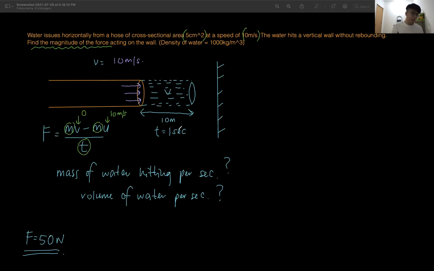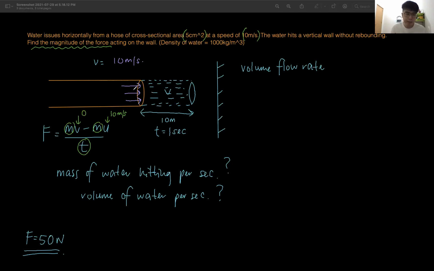Now you can calculate how much volume is coming out. We call it the volume flow rate, meaning the volume of water coming out per second.